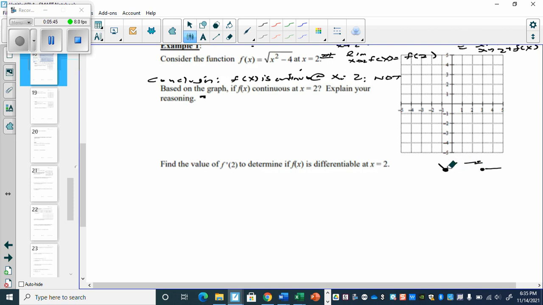Corners, breaks, and cusps. It's not differentiable at this point. So once you figure out what it looks like graphically, you might could say yay or nay on differentiability.